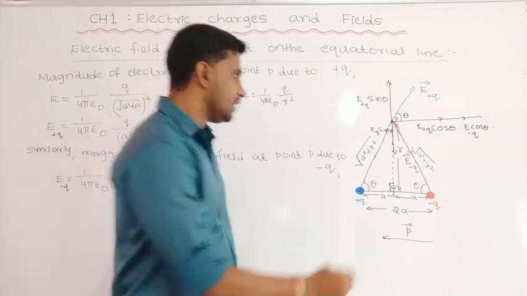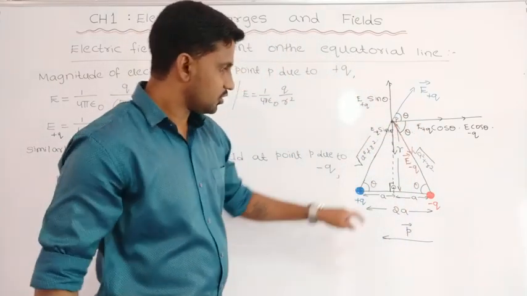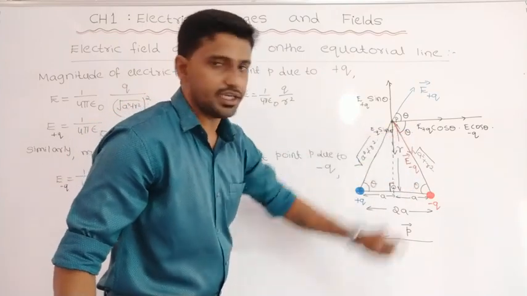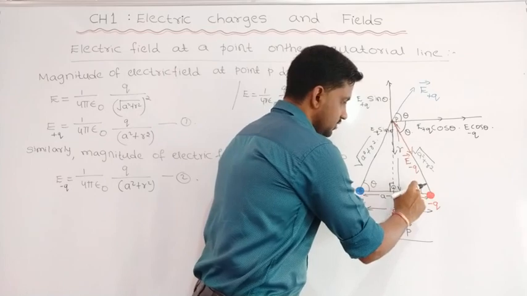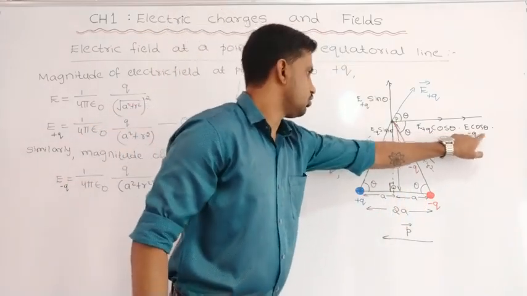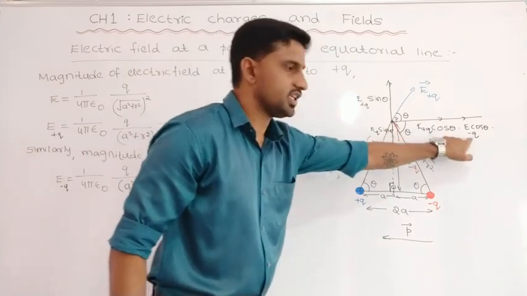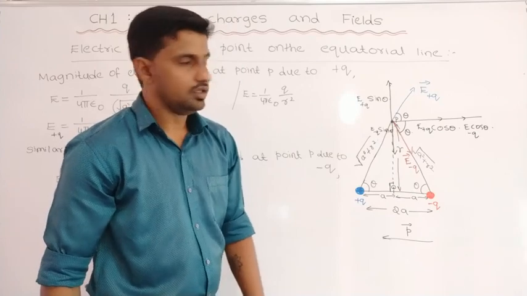This angle becomes theta because these are alternate interior angles. Alternate interior angles are the same. If this one is theta, this one is also theta, then the horizontal components are E plus Q cos theta and E minus Q cos theta, and the vertical component becomes E minus Q sin theta.